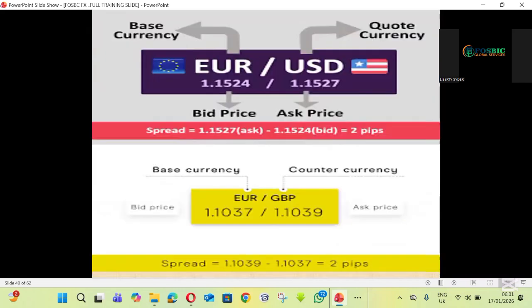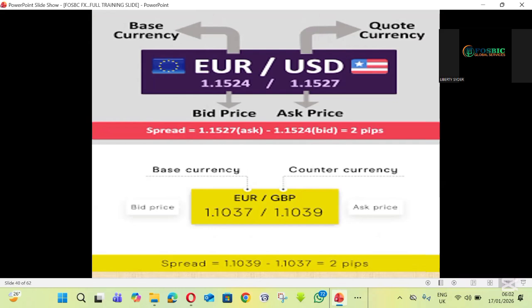Now let's take a look at this. We have EUR/USD 1.1524, which is the bid price. Then we have EUR/USD 1.1527, which is the ask price. So you can see that there are two numbers associated with EUR/USD. Of course, I already told you that in a currency pair, the first currency is the base currency, and the second currency is the quote currency.